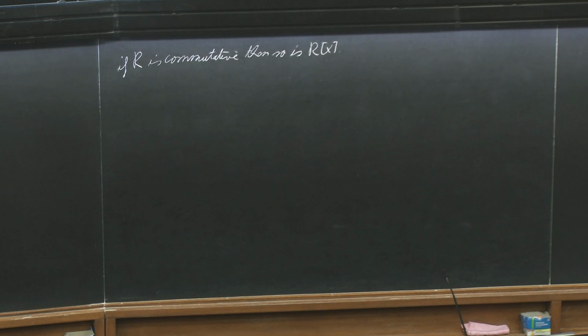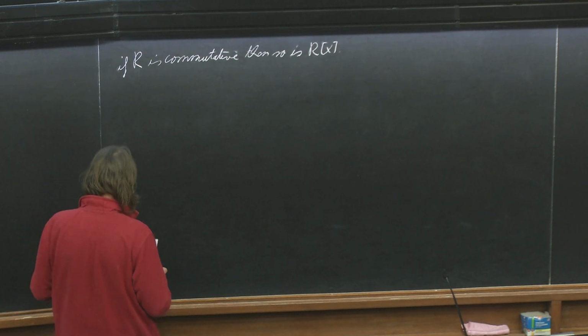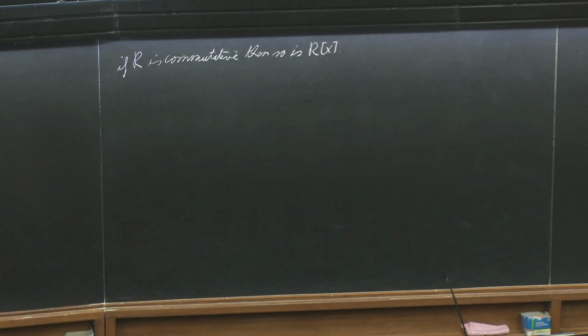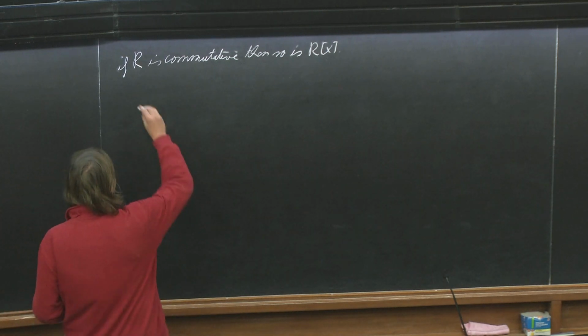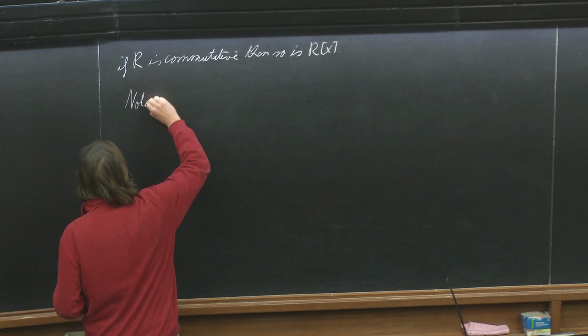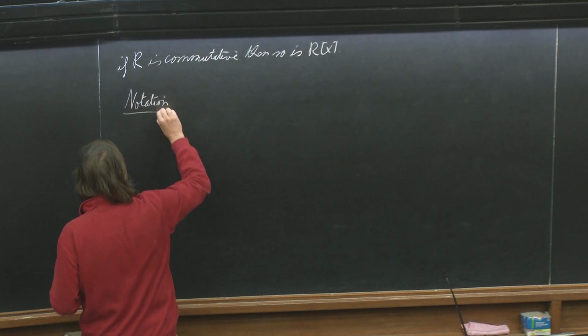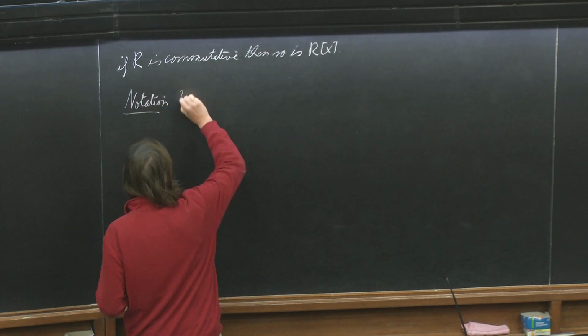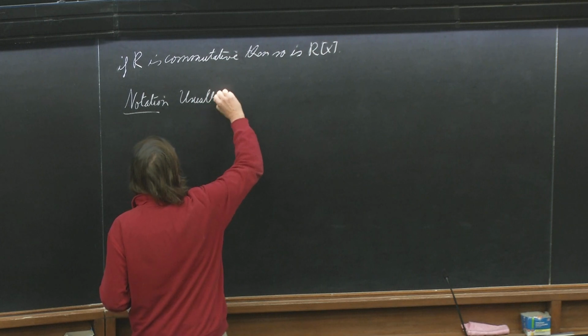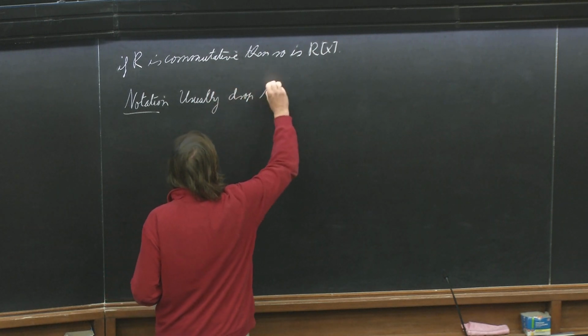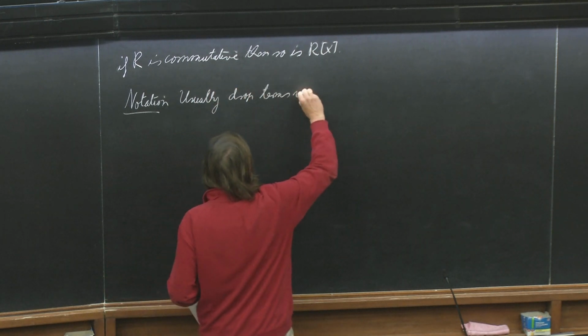So usually, as in school or whatever, one has a slightly simpler notation. One doesn't necessarily write terms where the coefficient is 0. So notation usually omits terms with coefficient 0.